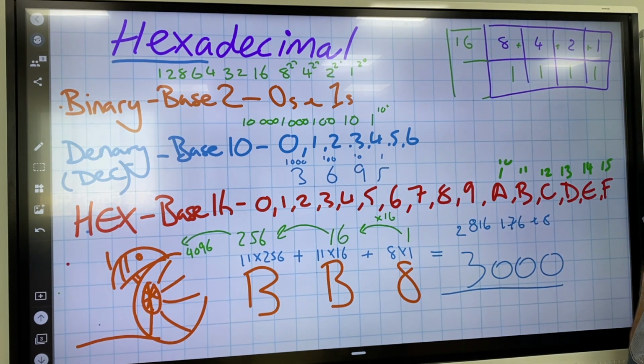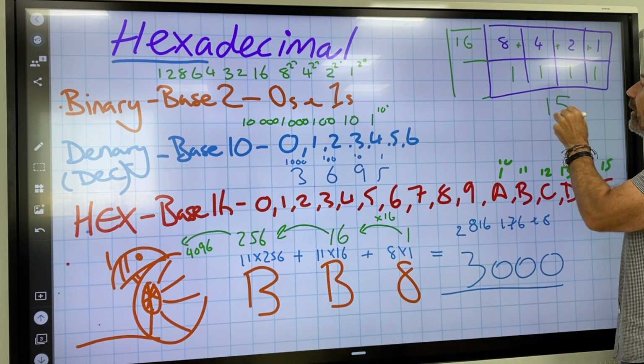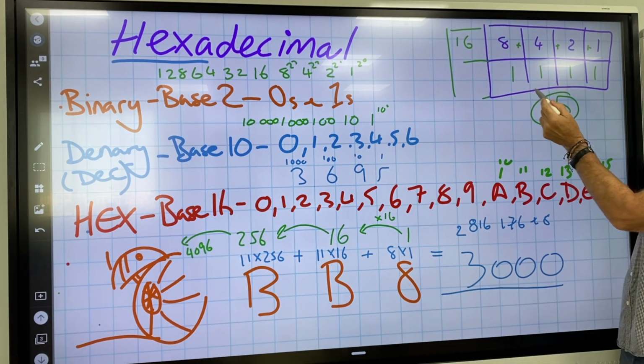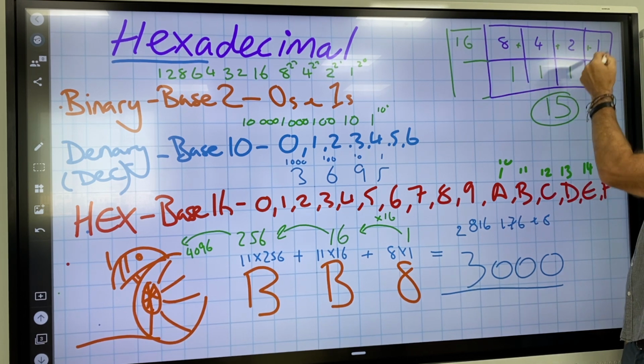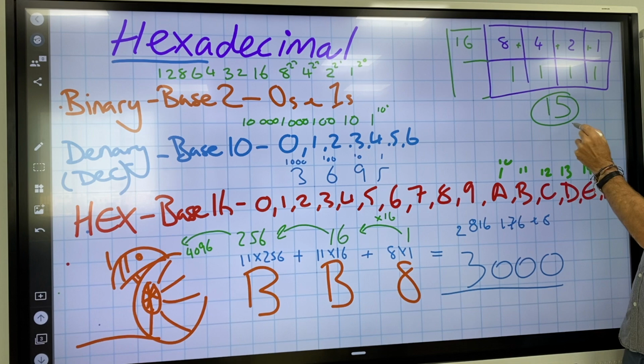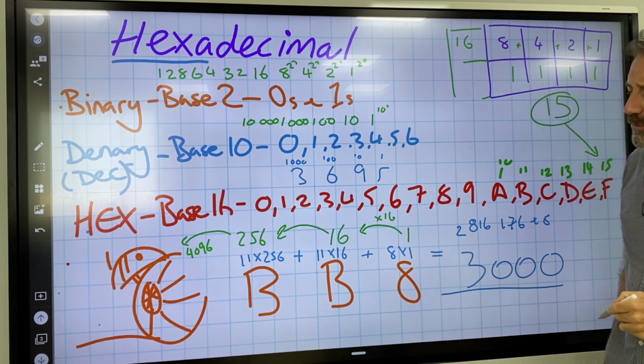Oh yes, because they're all on. If one of them was off, then we wouldn't consider that as a sum. So it's going to be 15. Beautiful. That equals 15. So 1 nibble that's full, 1 lot of 8, 1 lot of 4, 1 lot of 2, and 1 lot of 1 equals 15. It's the same as the letter F.